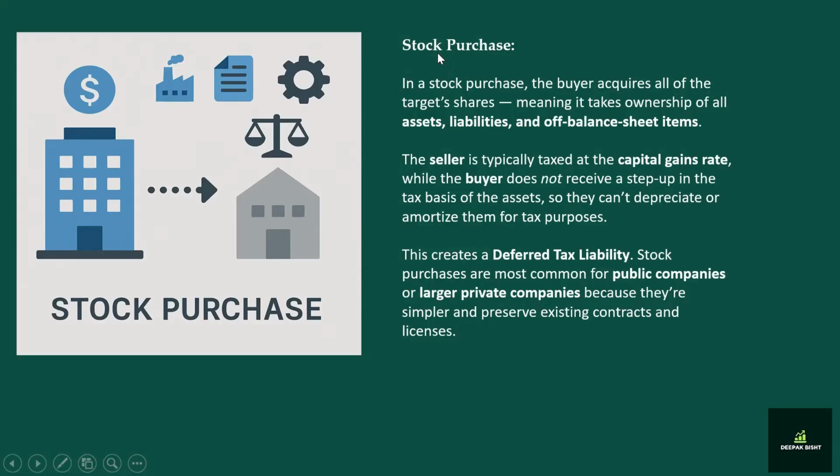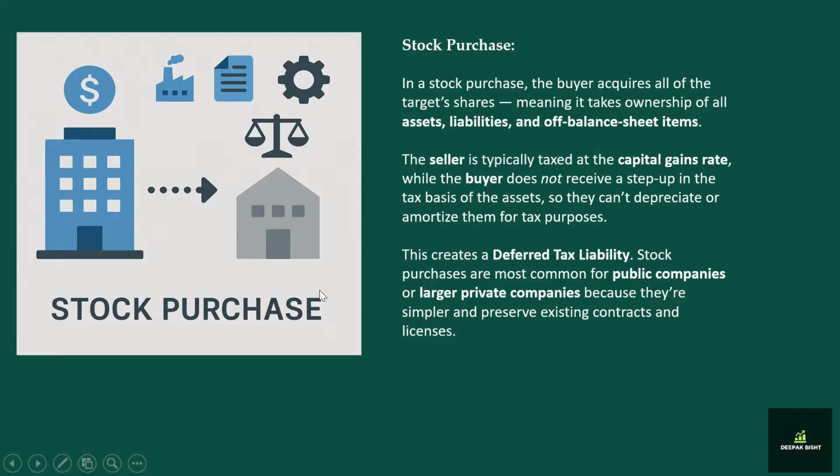This kind of deal is majorly seen when a public company is being bought. I hope this makes sense to you guys: stock purchases and their tax and accounting consequences and treatments. Now let's move to the asset purchases part.